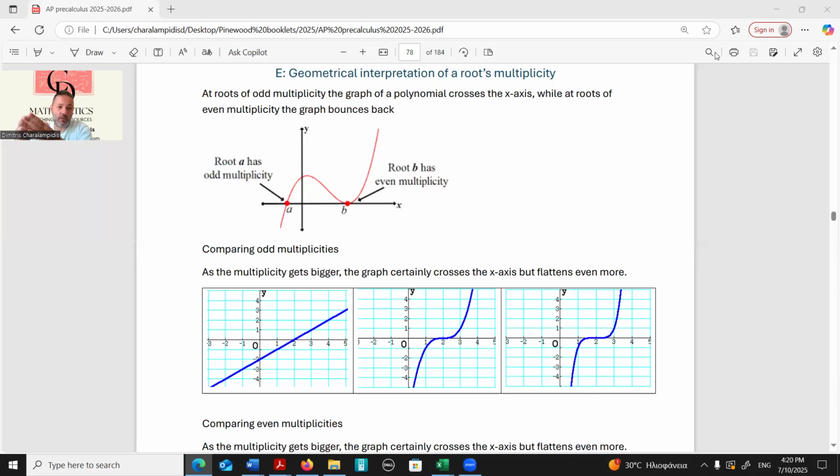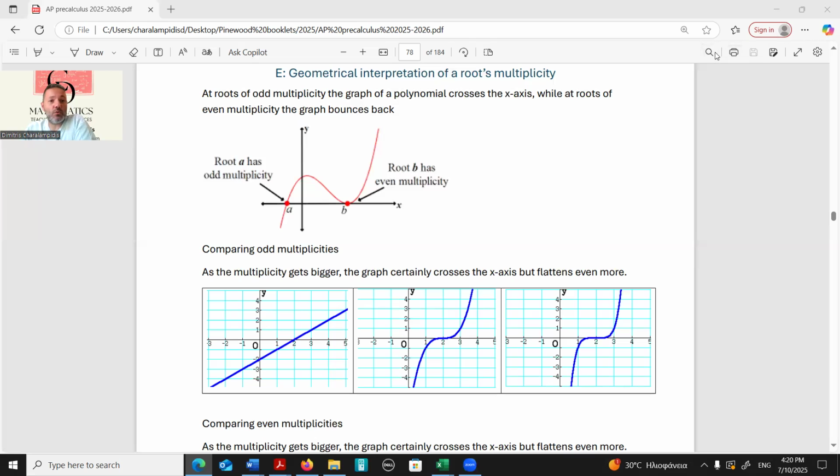Remember that roots are the points of intersection with the horizontal axis. But unlike A, at B, the graph bounces back. It does not cross over the x-axis. So we know that at B, that root has to have an even multiplicity. So that's one thing: odd multiplicity, crossing the x-axis; even multiplicity, bouncing back.